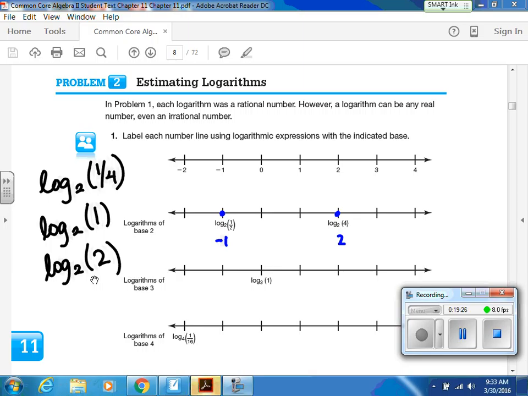Where do you think those would go on this number line? Okay, so this is where I'm going to put log base 2 of 1. Alright, what about this one? -2. Okay, so this is going to be, alright, and what about this one?